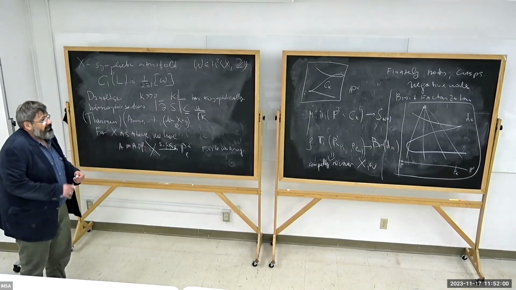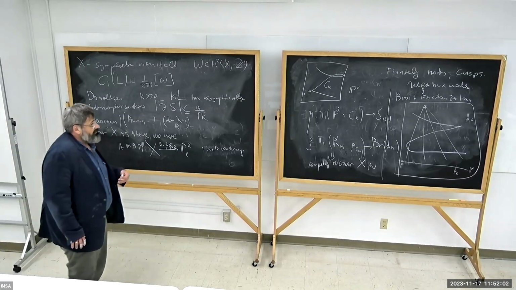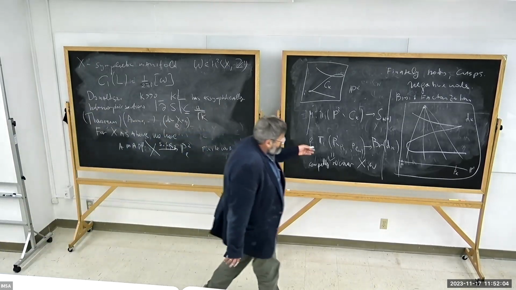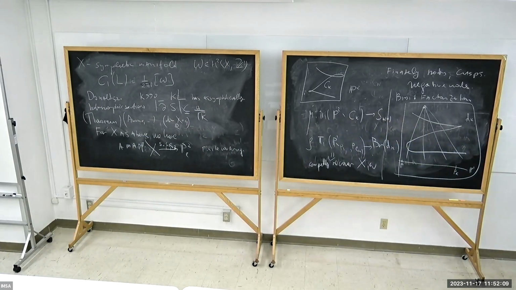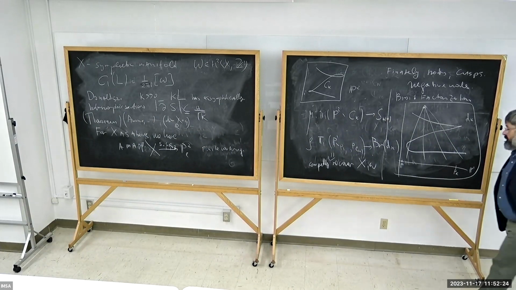So, you know, even if you put some estimate on K, at the end of the day, you end up with comparing two words in the braid group, modulo some funny equivalences, and that is not a very pleasant exercise.